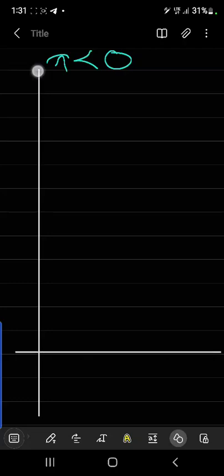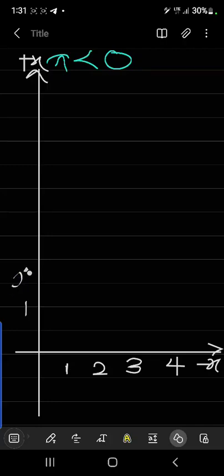Now this is positive x-axis, positive x, and this is negative x. Now I want to give myself values. Let's say this is 1, and this is 2, and this is 3, and this is 4. Oh no, sorry, I'm not giving it a uniform interval there.